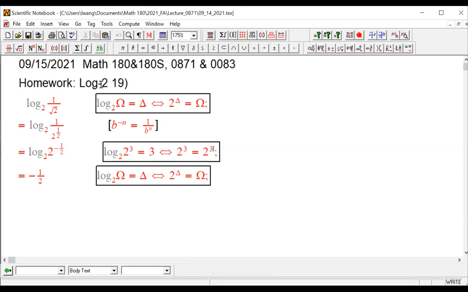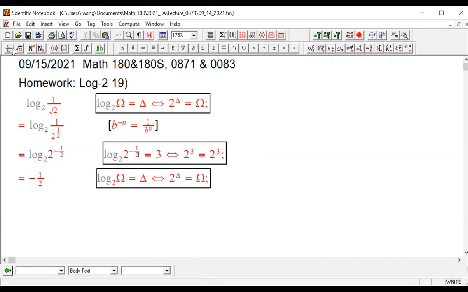Because this number to the power 2 is 2 to the power 3, therefore log base 2 of 2 to the power 3 is going to be 3. That's the definition. So now log base 2 of 2 to the power negative half turns into negative half. So the answer is going to be negative half, because 2 to the power negative half is the same as 2 to the power negative half.